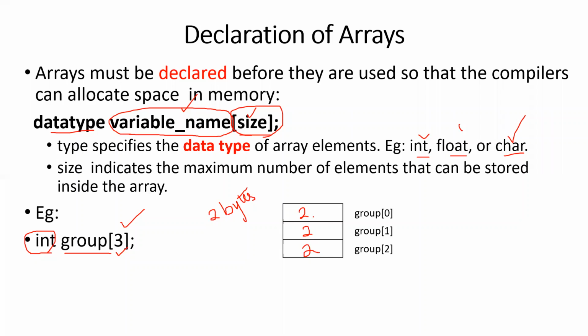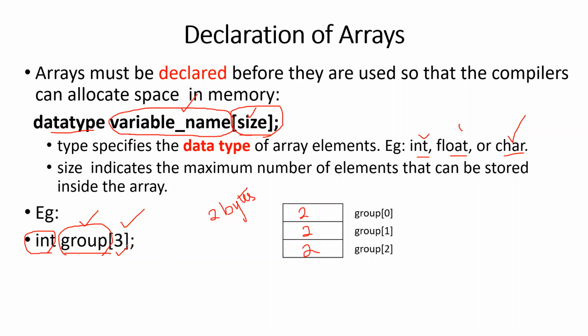Understood? So we will be able to store an integer in group of 0, group of 1, and group of 2, right? Group is the name of the array which I have given. It is having size 3, which means I'll be able to store a maximum of 3 integer elements.